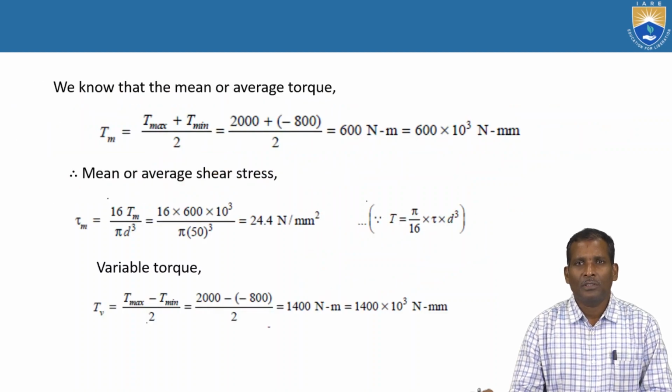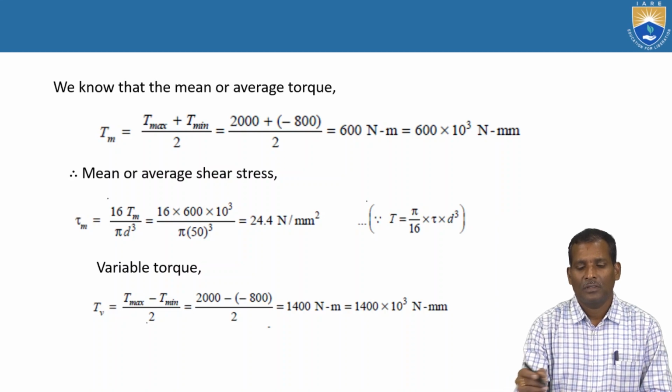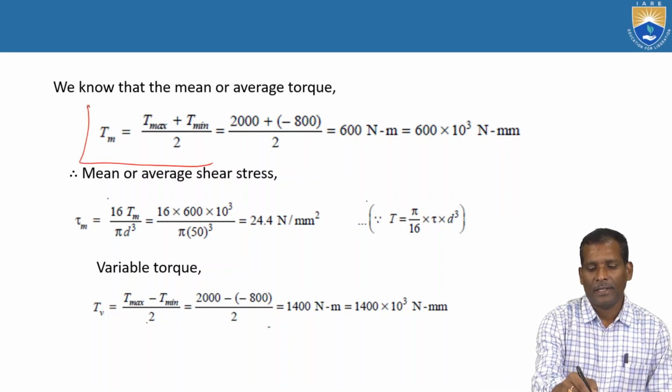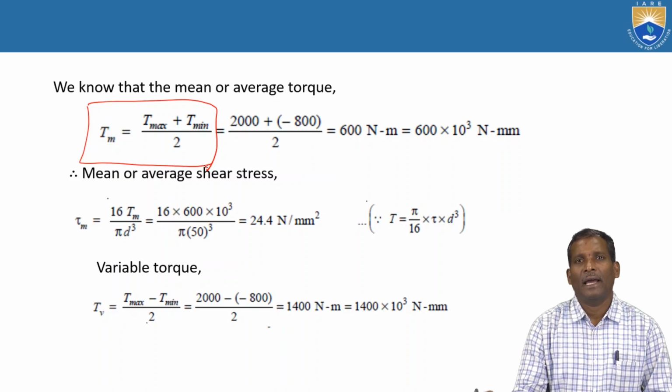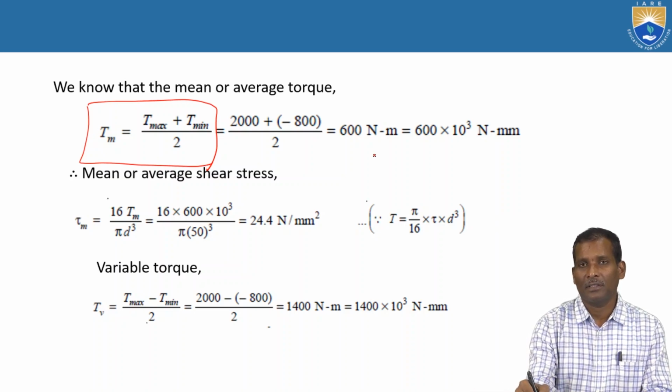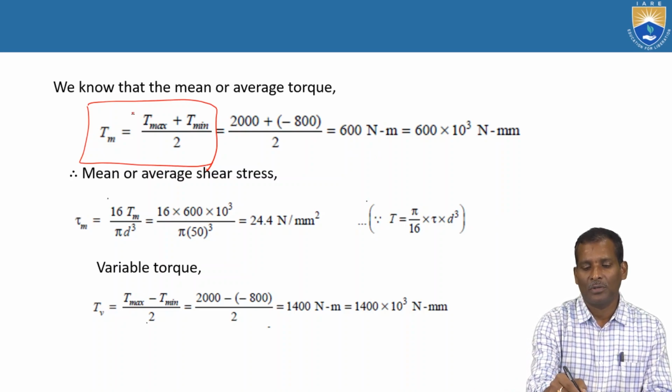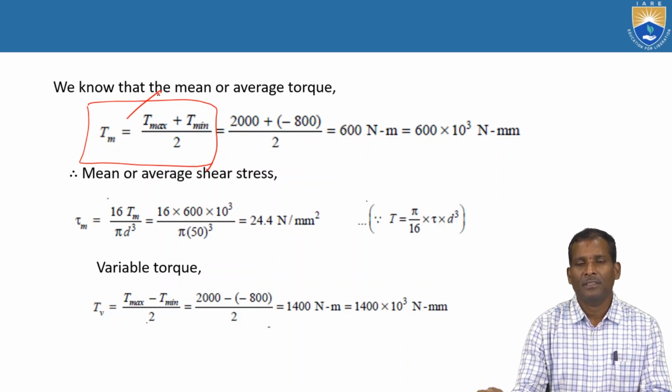First, calculate the mean or average torque. Average torque is equal to T max plus T minimum by 2.